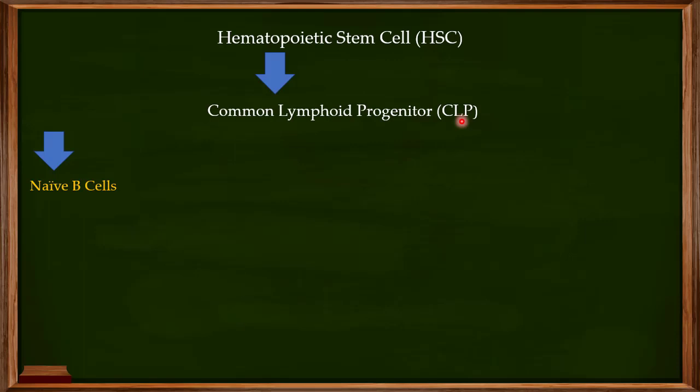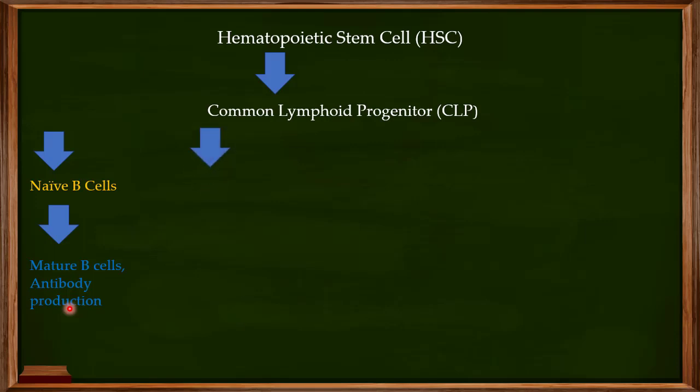So the naive B cells, of course, are going to go through those particular tests. And these naive B cells then are going to give rise to the mature B cells, which are capable of producing specific antibodies, which only target the foreign organisms.